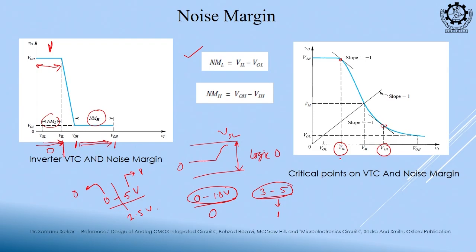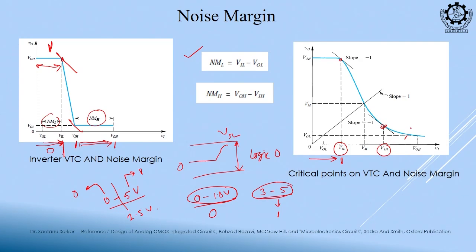In a real plot it will not be that sharp, it will take a slope, and where the slope is -1, that corner is my V input low. Similarly, on the higher side, when the output is falling, this corner is VIH. Okay.